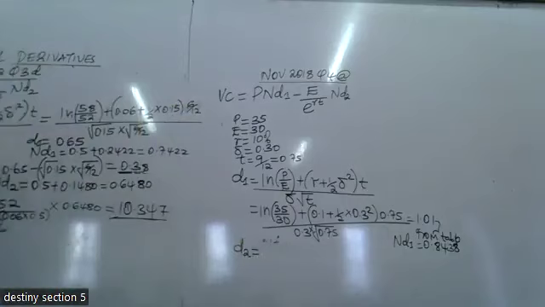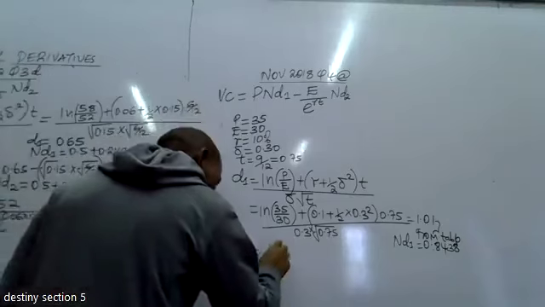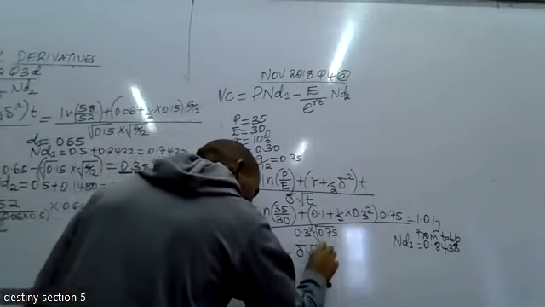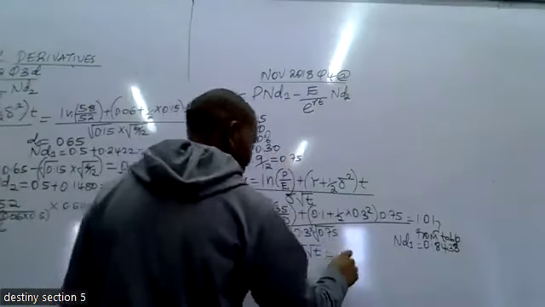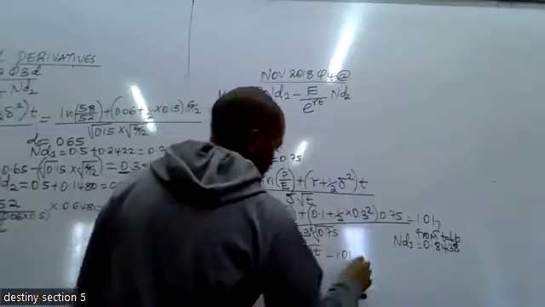It's okay. Now, D2 we said we get by taking what? D1, minus the standard deviation times the square root of what? So this will be, D1 we've gotten 1.01, right?